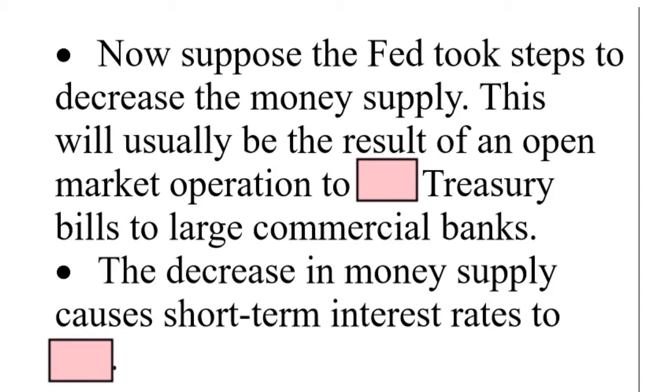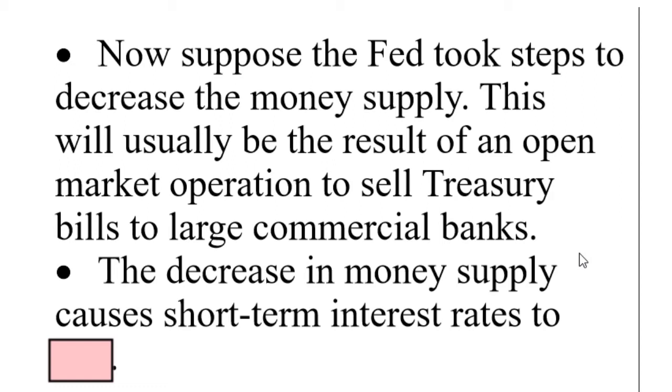Let's practice the other way around. If the Federal Reserve wanted to decrease the money supply, they're still going to use open market operations with treasury bonds, but if they're going to decrease the money supply, they will sell treasury bonds. Remember, selling equals smalling.